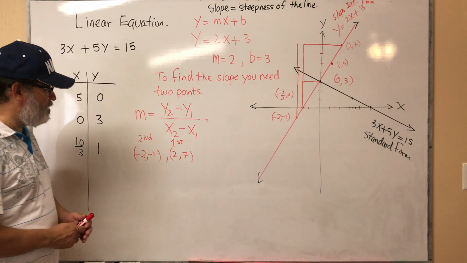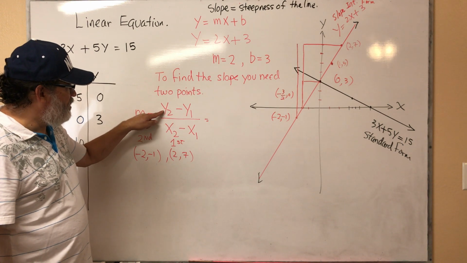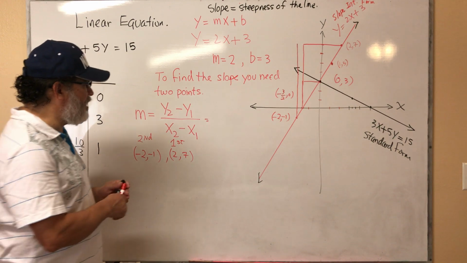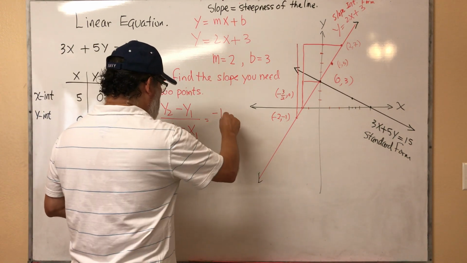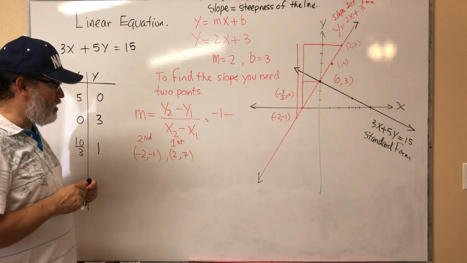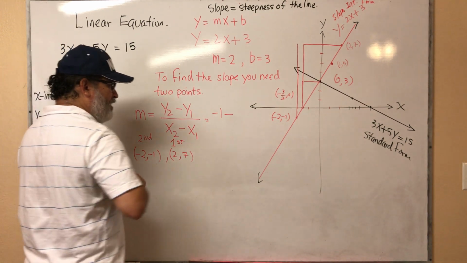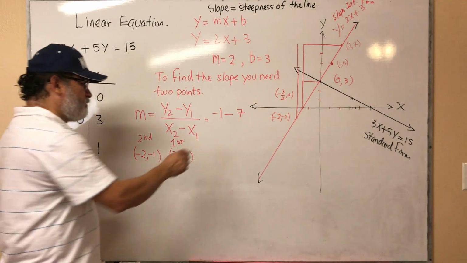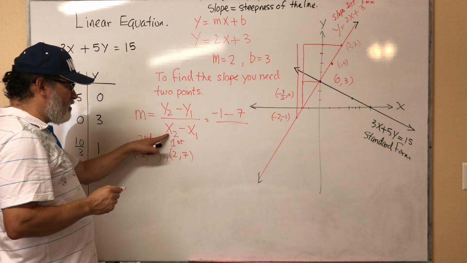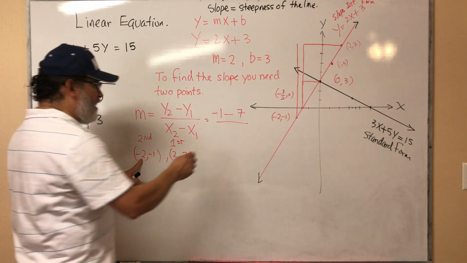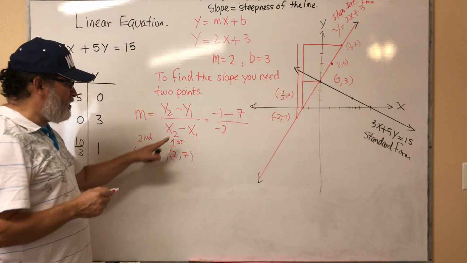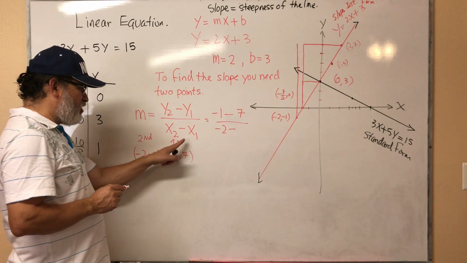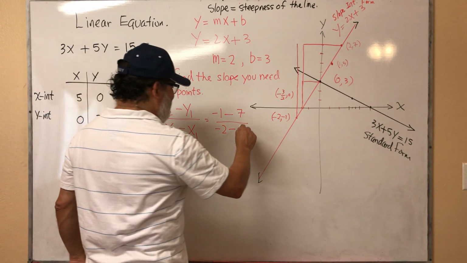The formula says the y-coordinate of the second, -1, minus the y-coordinate of the first, 7. It's +7. Over the x-coordinate of the second, -2, and then the formula says minus the x-coordinate of the first, 2.